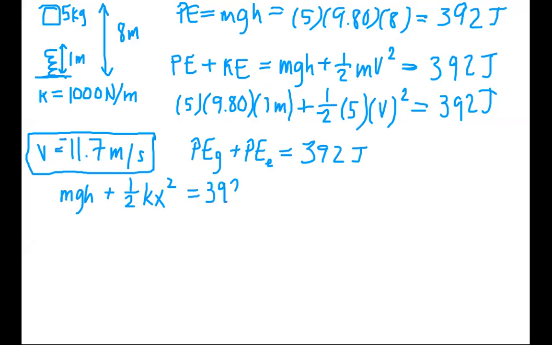Can you see a problem with this, why we wouldn't be able to solve it necessarily? Well, we currently have the equation for the energy of a spring in compression in terms of x, and then we have the potential energy from gravity in terms of h.